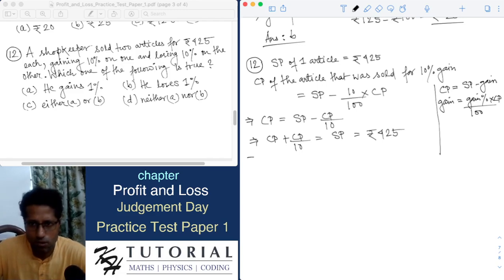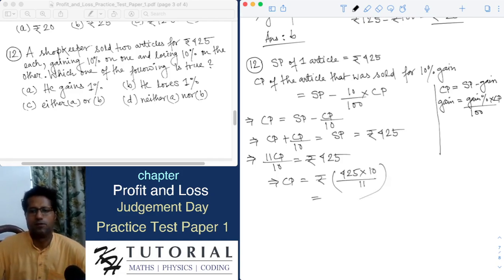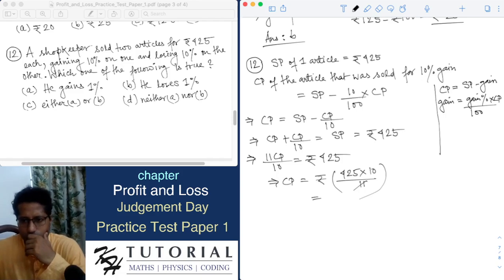So CP plus CP by 10 equals 425. This means 11 CP by 10 equals rupees 425. This implies CP equals rupees 425 into 10 by 11.